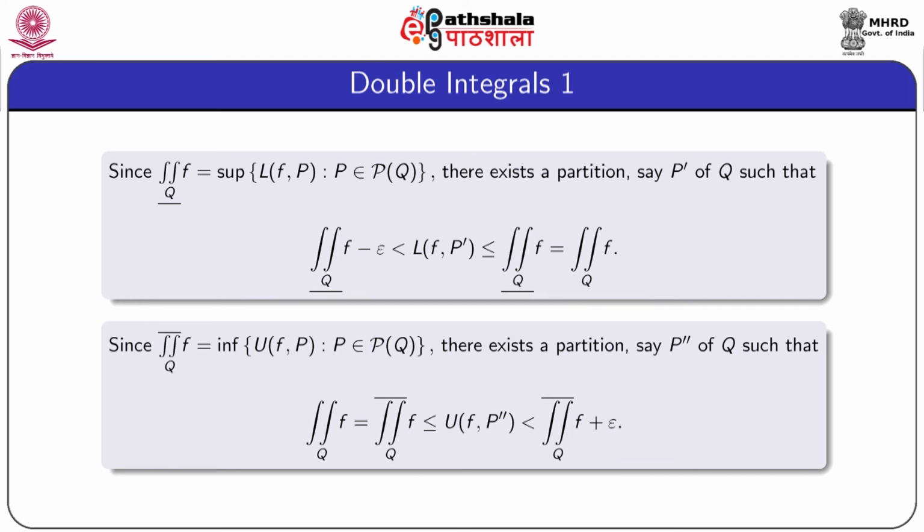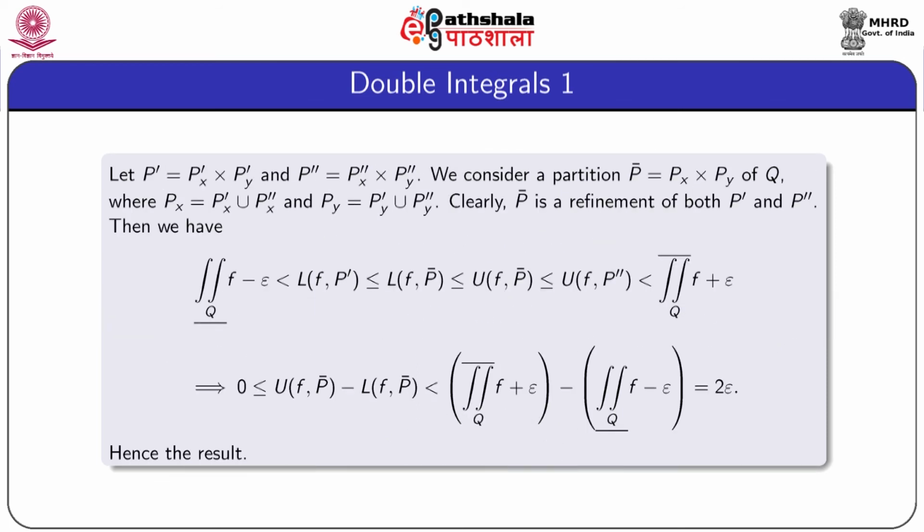Since the upper integral of f over Q is defined by the infimum of upper Darboux sums, there exists a partition, say P'' of Q, such that the integral of f, which equals the upper integral of f, is less or equal to UF P'' which is strictly less than the upper integral of f plus epsilon.